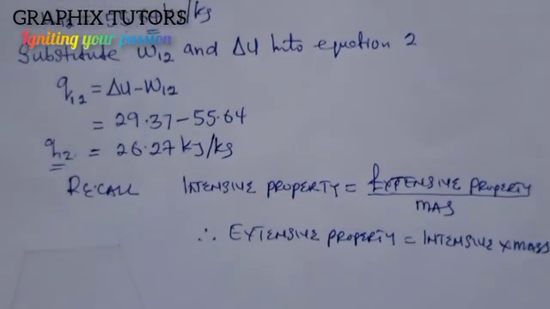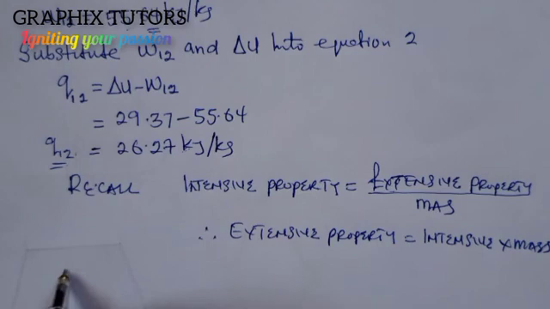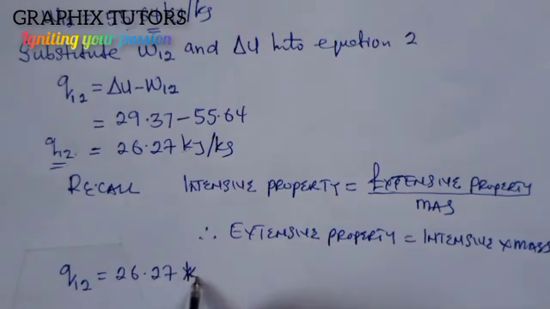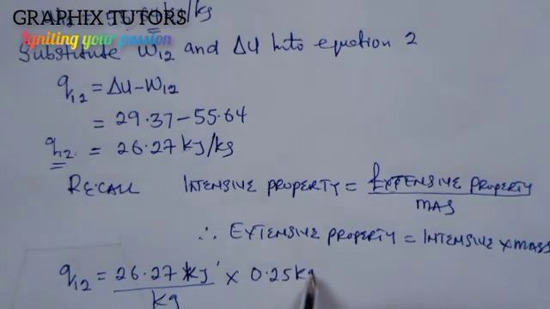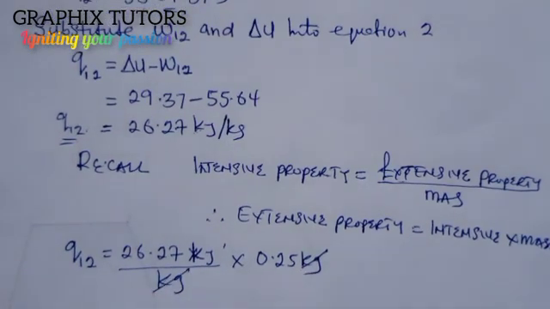So Q12 in kilojoule per kilogram is 26.27 kilojoule per kilogram times the mass. The mass we calculated earlier was 0.25 kilogram. The kilogram cancels, and we are left with kilojoule.